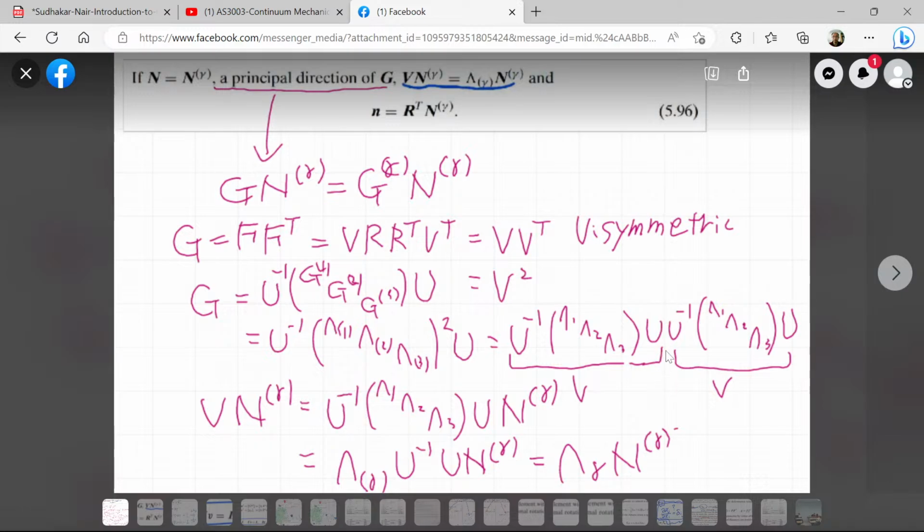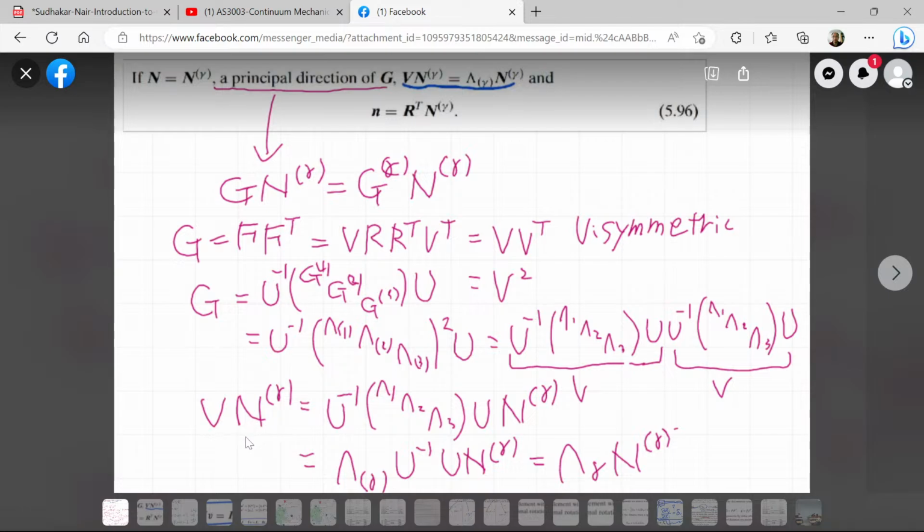Okay? Then you will see this is like a V matrix times V matrix. So each of them is V matrix. So then you can consider this V matrix times eigenvector.